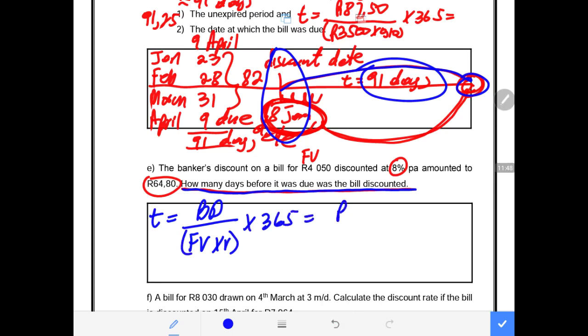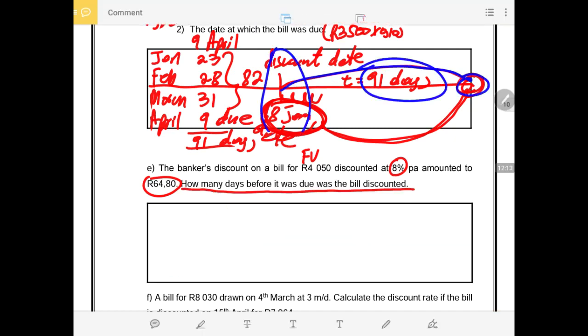Our banker's discount is given to be 64 Rand 80 cents. Divide this by the face value of the bill, which is 4,050 Rand, times 0.08, close brackets, everything multiplied by 365 days in a year, because we are looking for the number of days.